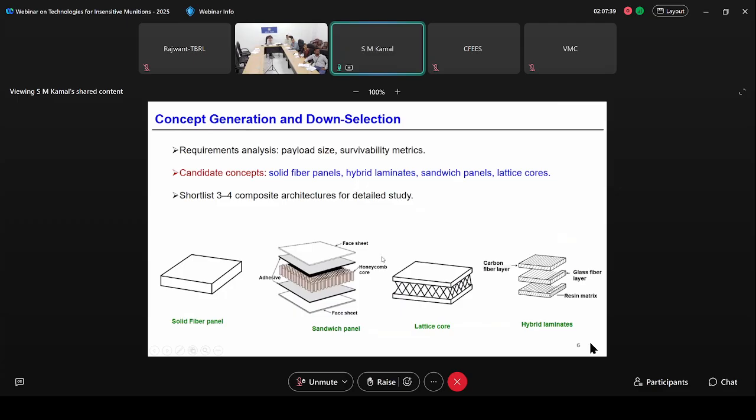In hybrid laminates, you can combine the properties of various fibers and take advantage of that. Based on the requirements, we can shortlist the 3 to 4 best performing composite architectures for detailed study. This is just representative. I'm showing some architectures taken from literature, but again, we have to play with this.